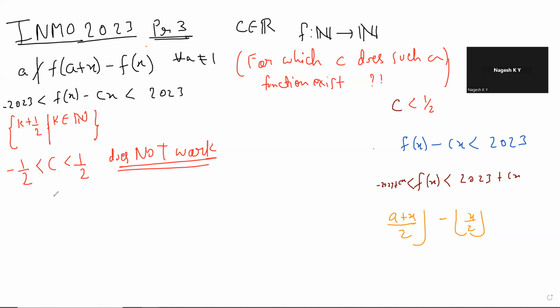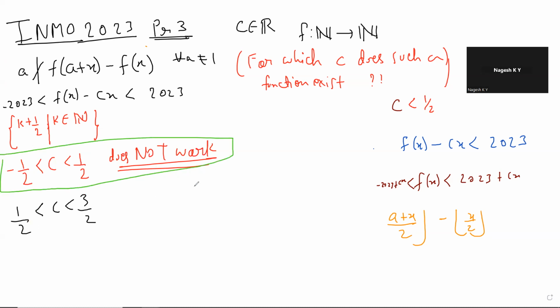Maybe we'll try to show that C between half and 3/2 also doesn't work. Ishana, is this making sense, what we are trying to do here? On one level, we have shown that points here do not work. Because we earlier saw the translation feature, we will try to show now that between half and 3/2 they also don't work.